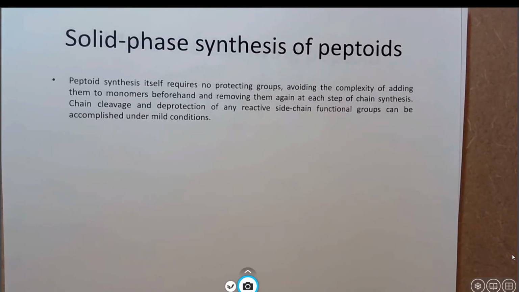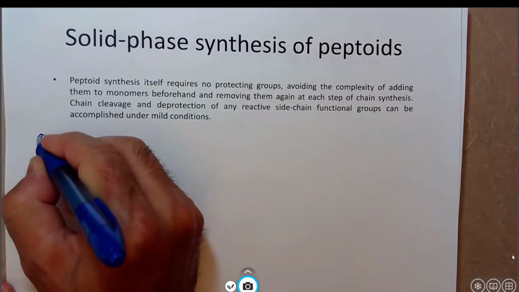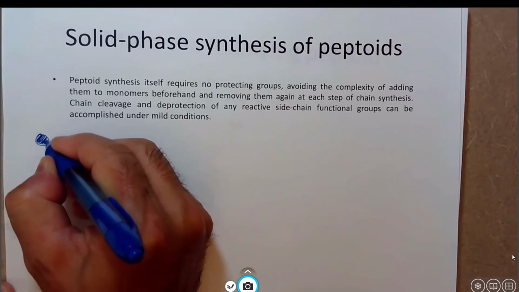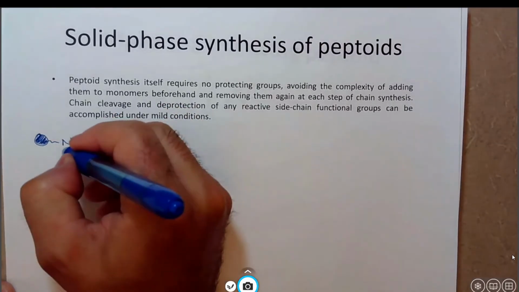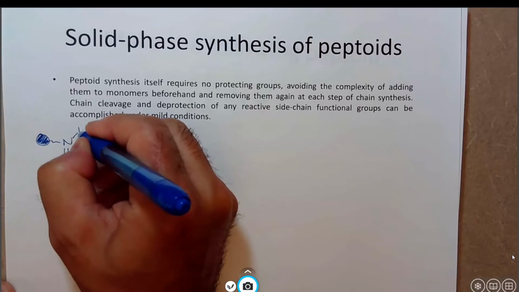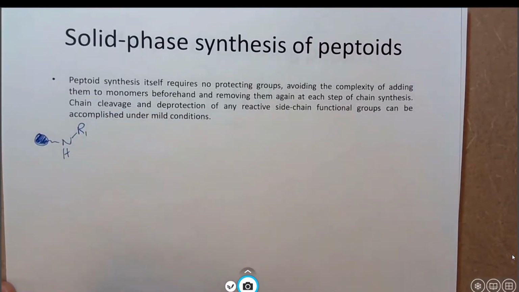And like we've seen before with peptides, you get chain cleavage and deprotection. They can occur under mild conditions. So let's start with our Merrifield resin. And what I will do is show an example where we are already starting with an R group attached to a peptoid. And then what we're going to do is grow off of it.